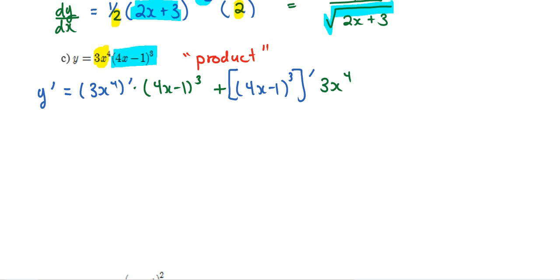Okay, so that's the product rule right there. Let's do the product rule first, because that one is not too bad, but eventually you'll see that you need to apply the chain rule later on.